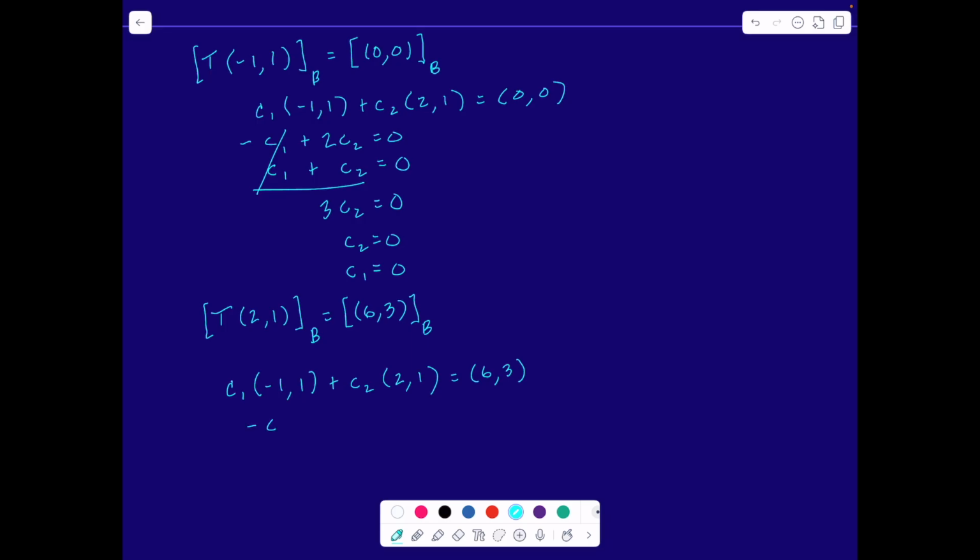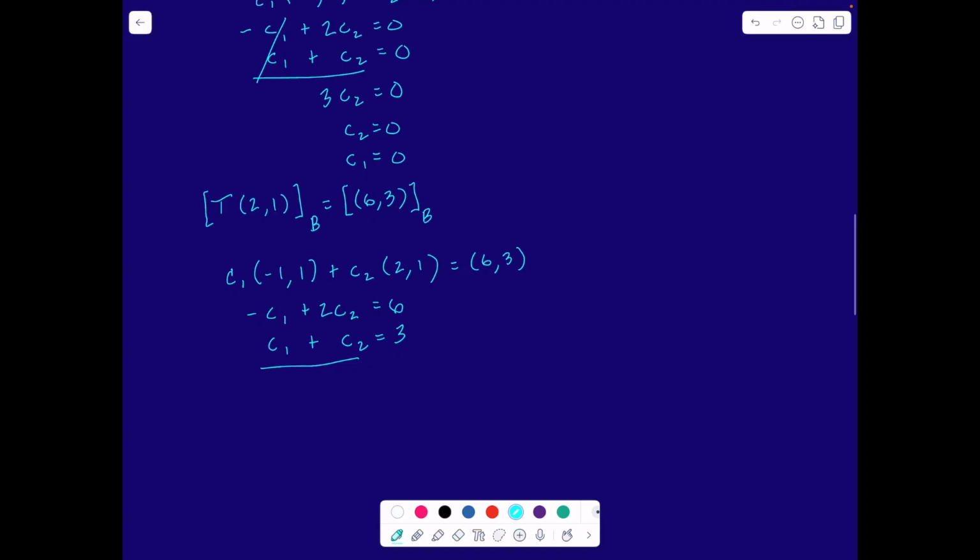So we would have negative C1 plus 2C2 equals 6, and C1 plus C2 equals 3. Solving the system, 3C2 is equal to 9, and so C2 would be 3.